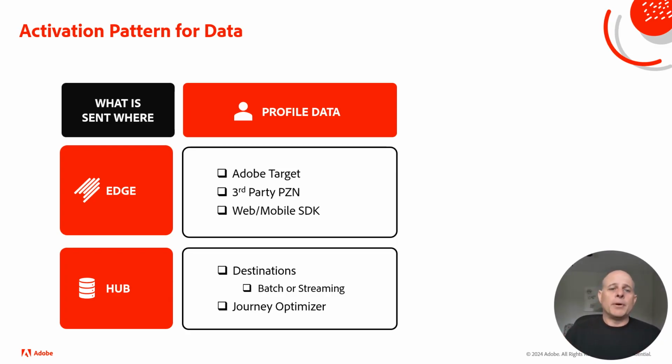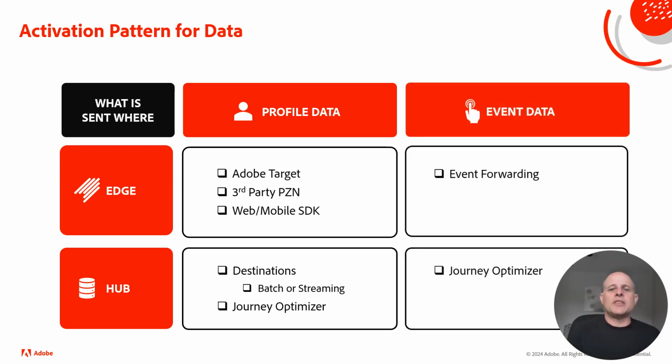Now, from a hub perspective, destinations itself can see the profile as it qualifies for various audiences, and then can turn around and send this information out to these destinations, again, having access to the profile and its various attributes. So Journey Optimizer also can read from the profile data as it sees it.